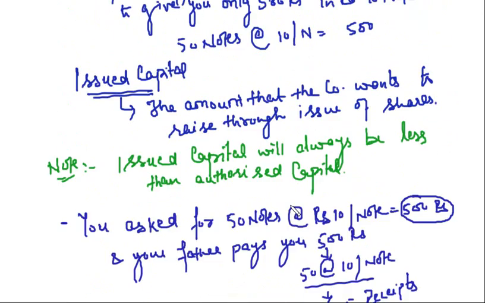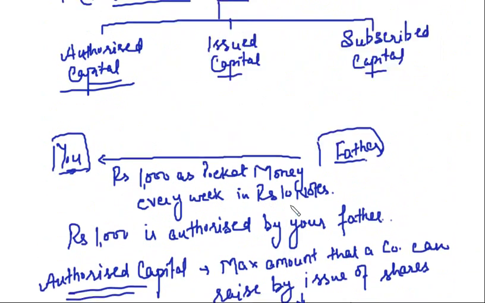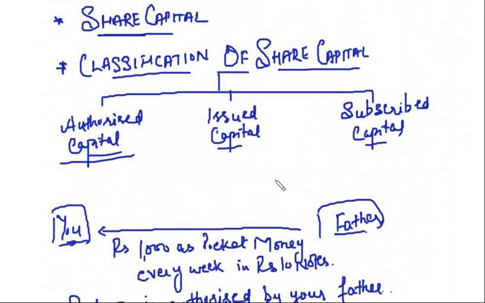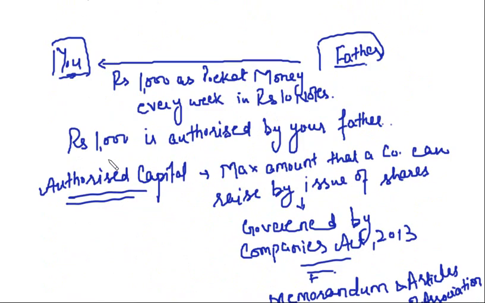So I told you that share capital is of three types: authorized capital, issued capital, and subscribed capital. And I have explained all the three types with one single example from your real life. You receive 1000 as pocket money from your father every week in rupee 10 notes.